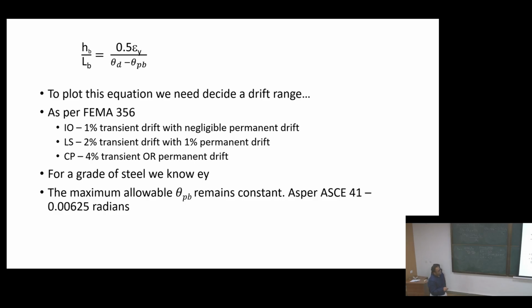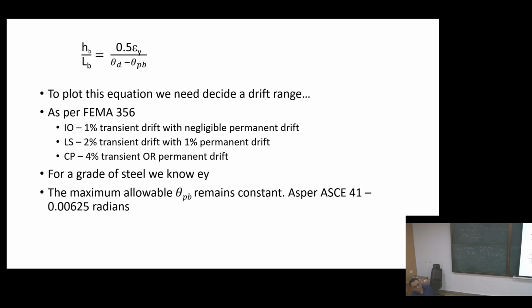So these are our drift limits as per FEMA 356. Again, for a grade of steel, we know the EY, which is a constant. The maximum allowable plastic rotation theta PB as per ASCE 41-30, which is the code for seismic retrofit of buildings in the US.